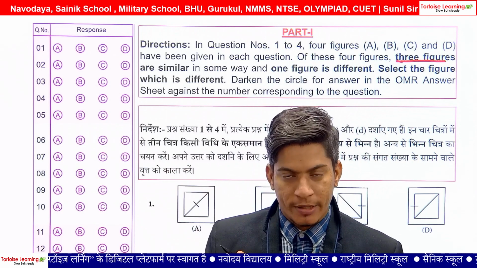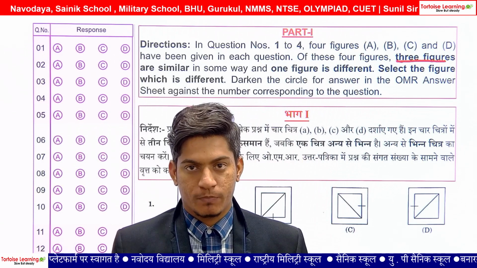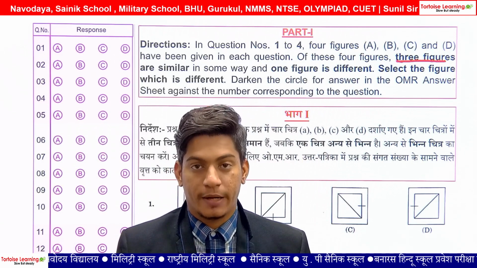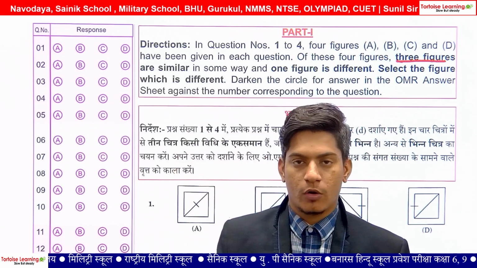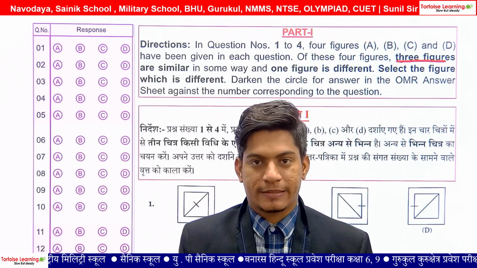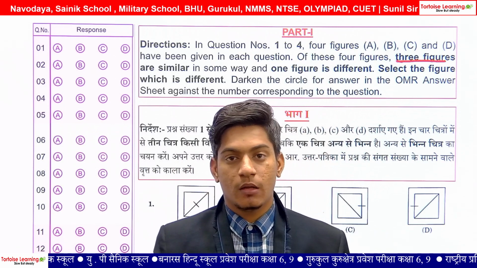One important thing: when you are going to give your exam, there are question paper sets like A, B, C and D. There may be 4 or more than 4 sets. On all those sets, the questions are the same, but they are arranged differently.